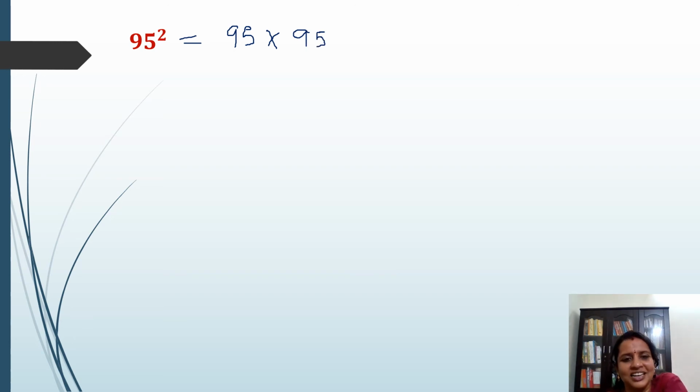Can we consider it as the same? In this way, if we solve this problem, what will we be getting? The same method: last digits totaling to 10 and the initial digit is common.